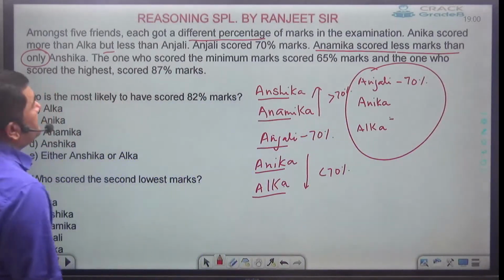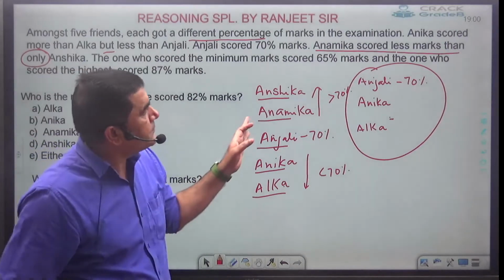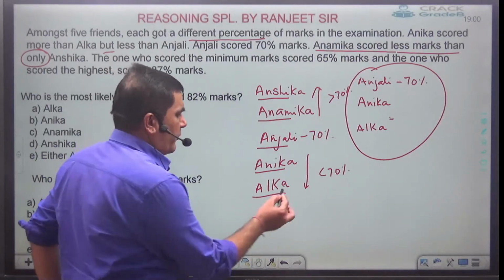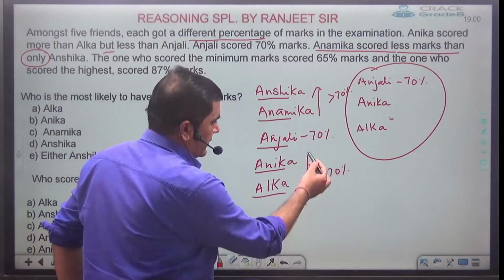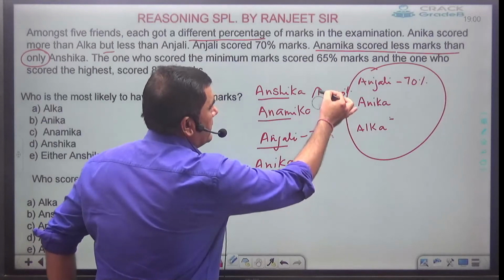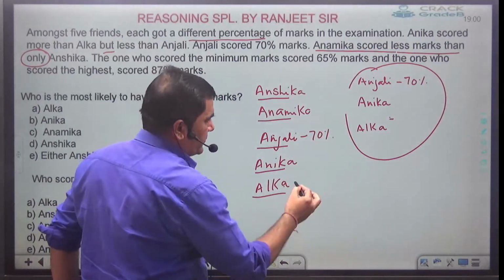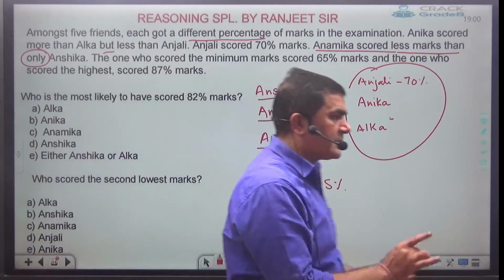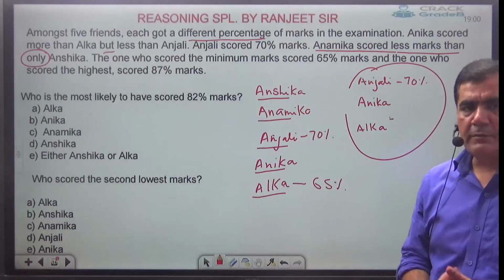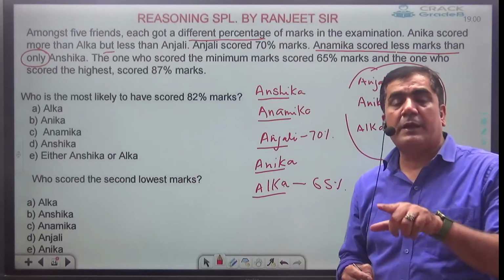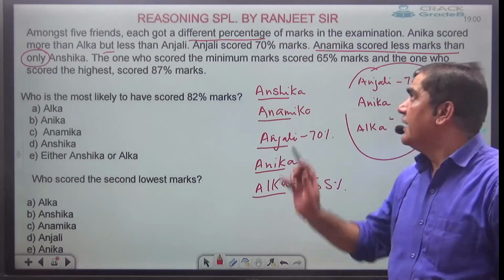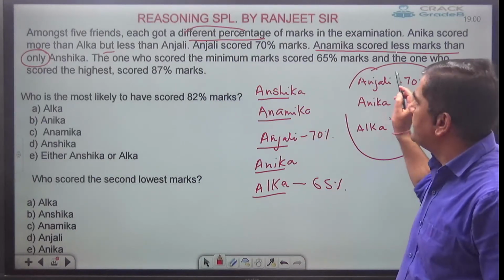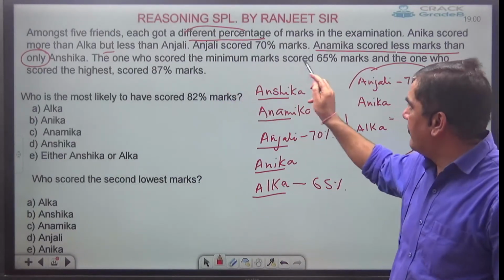Now here they are saying the one who scored the minimum marks scored 65%. So this should be 65. Very obviously Anika's score must be between 65 and 70, and can't be equal to 65 or 70 as they have mentioned different percentages.